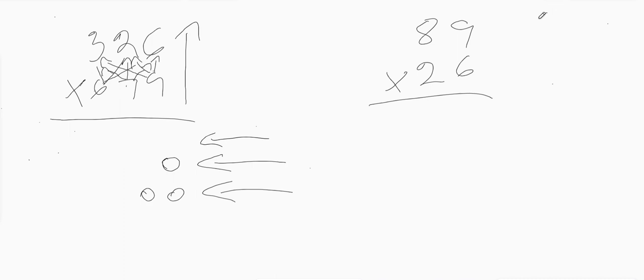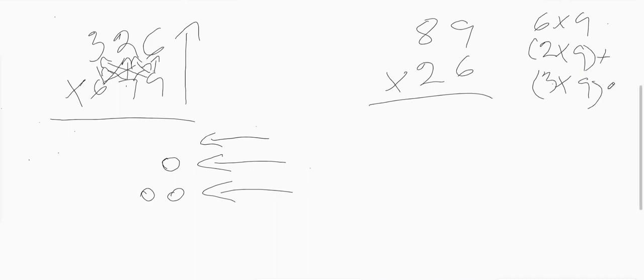First, you're going to have 6 times 9. Then you're going to have 2 times 9. Then you're going to have 3 times 9. And the second one and the third one is going to add the additional digits from the first number.